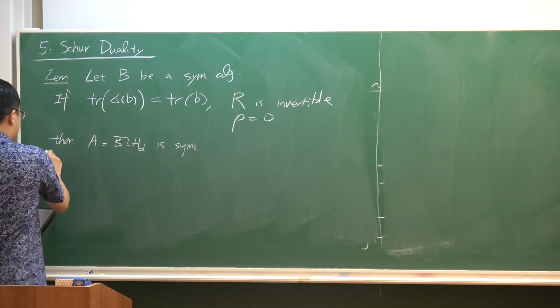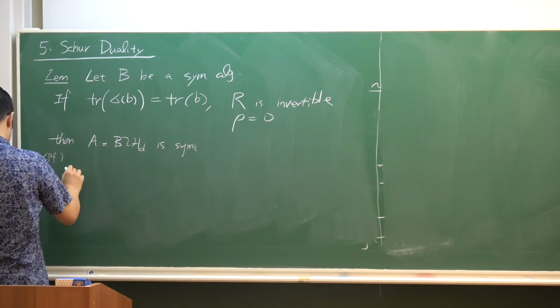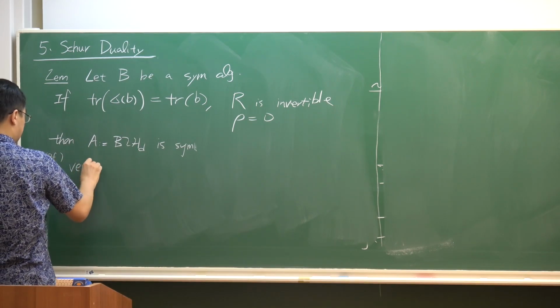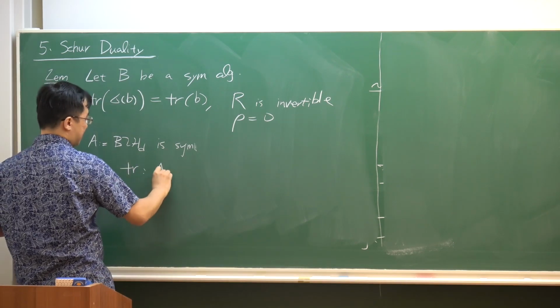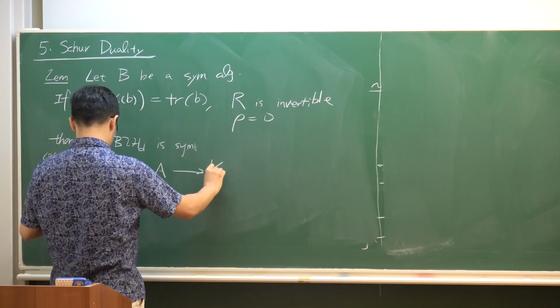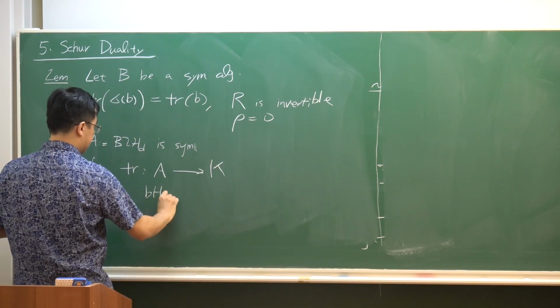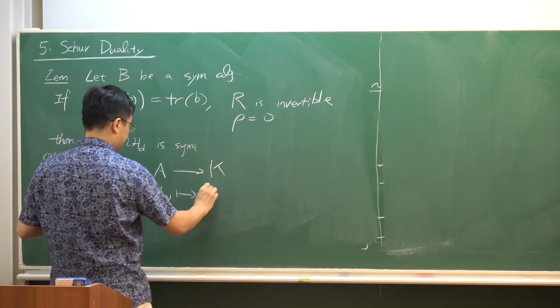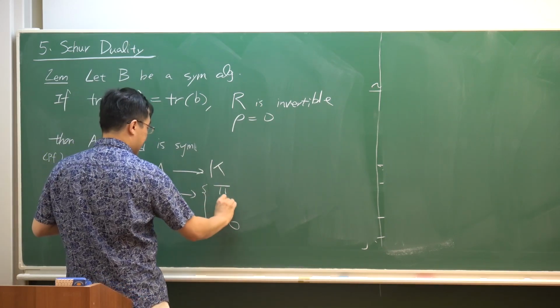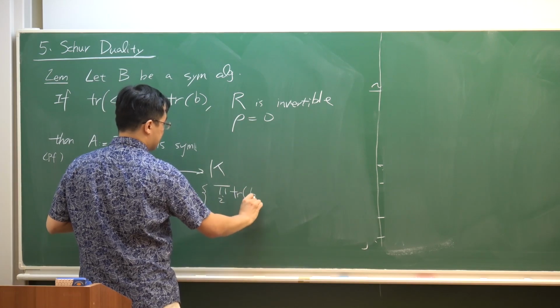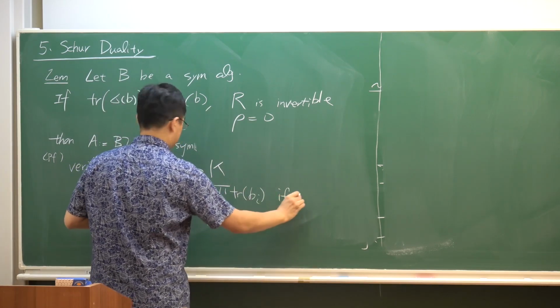This is proved by a direct verification. You just want to check that the new trace map on A is given by sending an arbitrary element to either 0 or the product of the trace on each tensor factor.